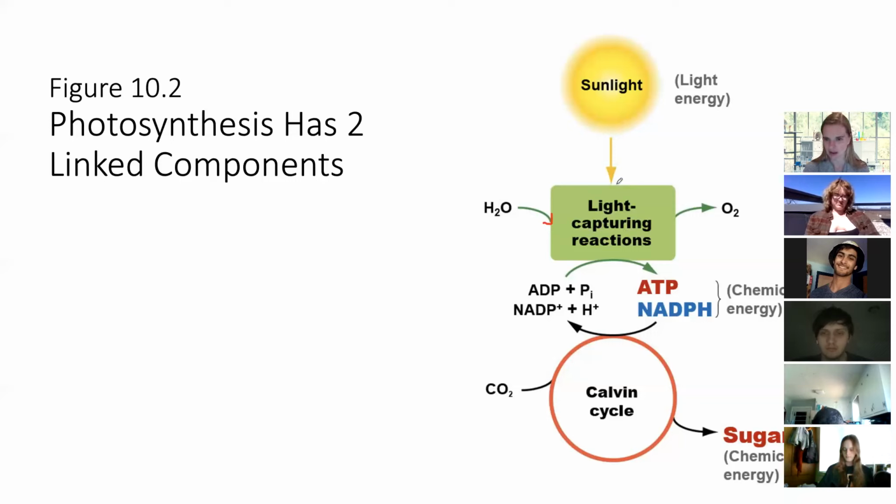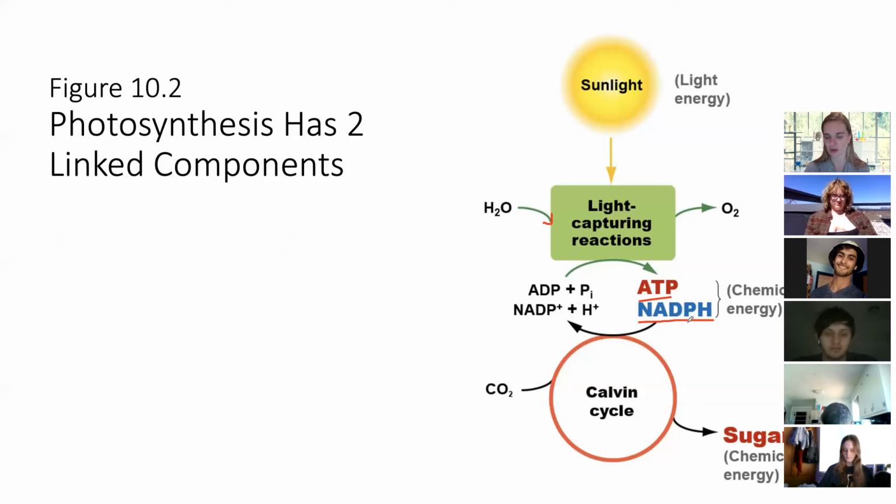The byproducts of this light-dependent reaction are forms of chemical energy, right? So we're making ATP and NADPH. Now, NADPH may be a new molecule for some of you. If you didn't watch the energetic coupling pre-recorded lecture, it mentioned molecules like this.